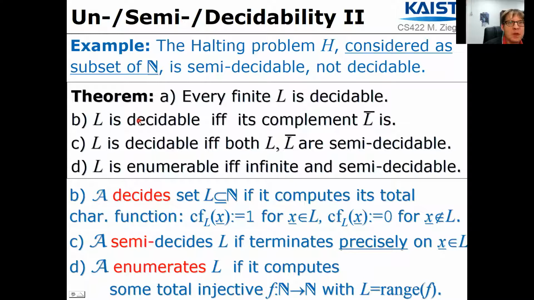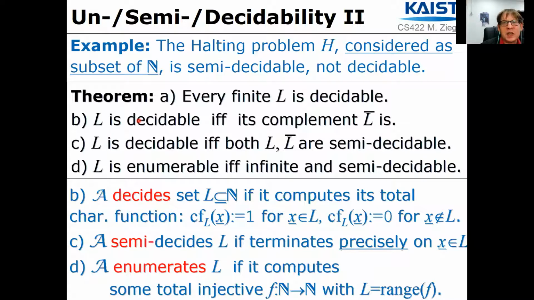Yes, moving on to the third item, which is the justification of semi-decidability. By the way, the converse direction of item B, we don't need to prove, right?